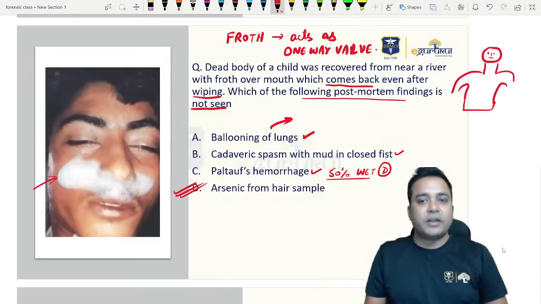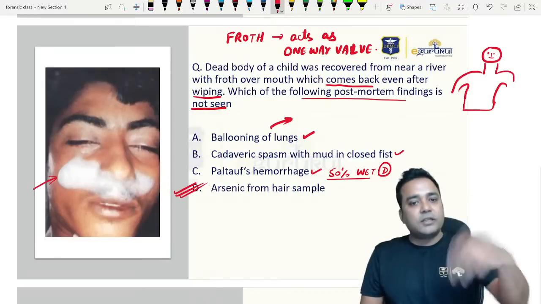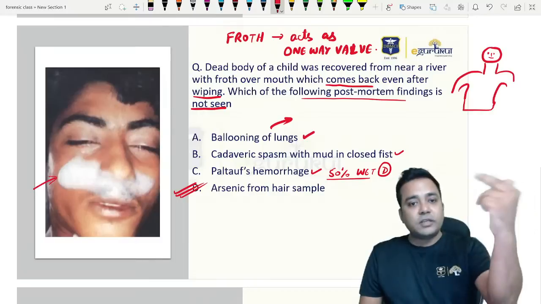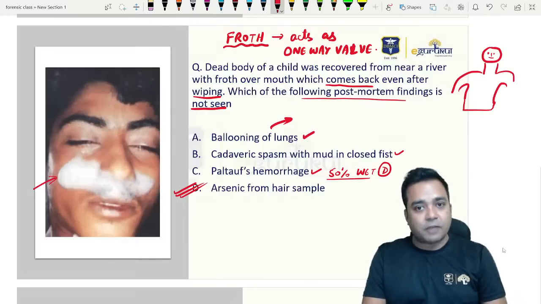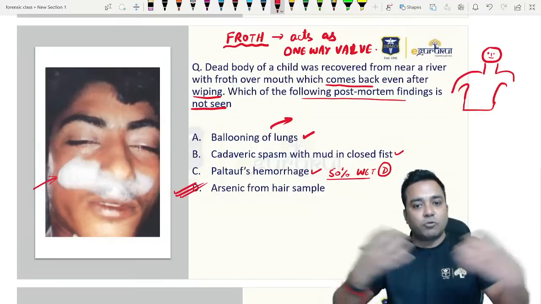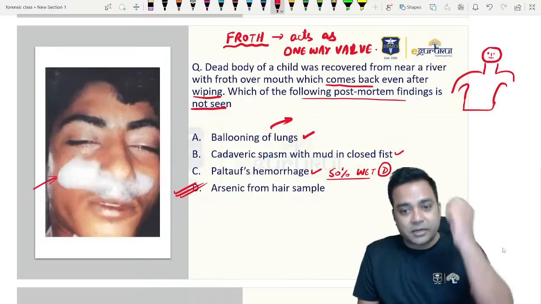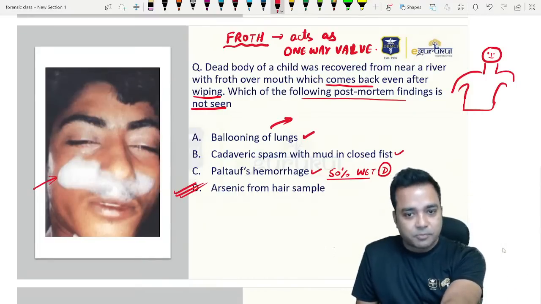So in a case of antemortem wet drowning, what is the scenario? The person is taking water in the airways. At that time, he is respiring too. So water is going in the airways, but it is not able to come out, because the froth is acting as a one-way valve. And this in totality gives rise to ballooning of lungs, over distension of lungs. Correct? So remember this simple thing. Simple, but to be remembered, to be understood. So this was again a simple question.